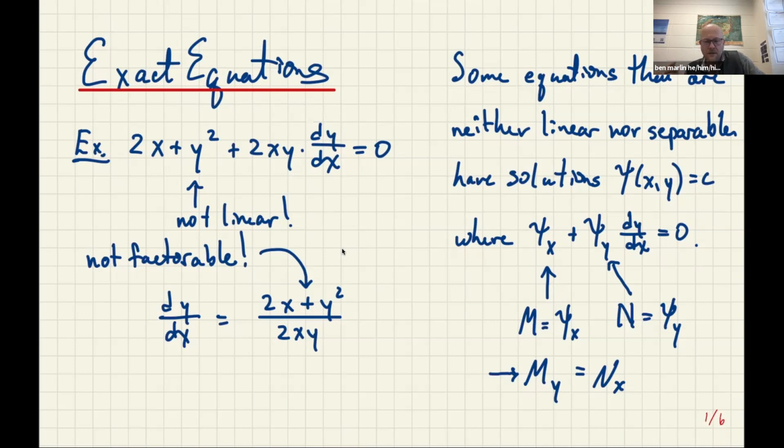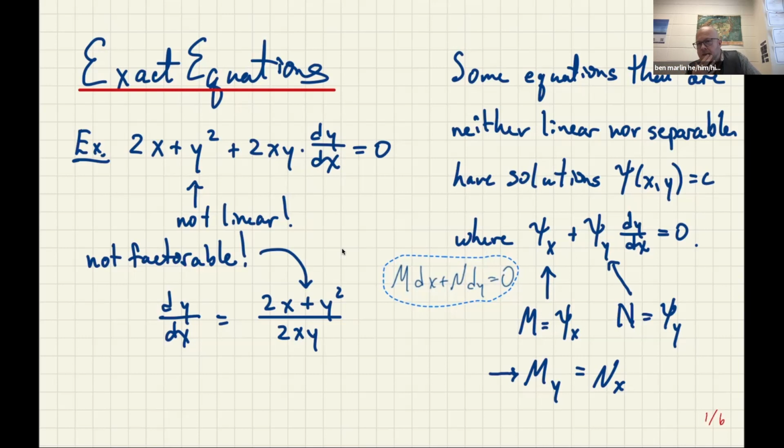Alternately, you may also see this written as M dx plus N dy equals 0, which, because this relates to that notion of finding a potential function, should look kind of familiar to you, and maybe even explains why we write those line integrals in that particular way.